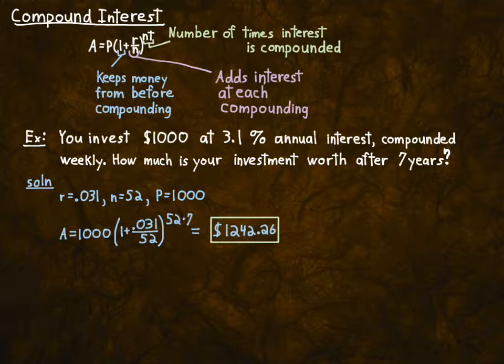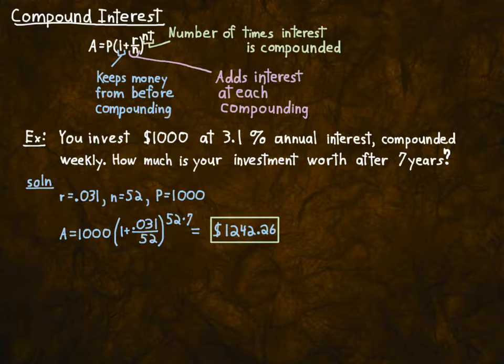Now, how do you check this? Usually on these, you just check for reasonableness. So you started at $1,000. 3.1% interest is not as low as it could be, but it's not really very high either. It's a fairly small amount. And the weekly isn't going to affect it so much. That'll make a small difference. I'll show you in a bit how that works. But it's 7 years.